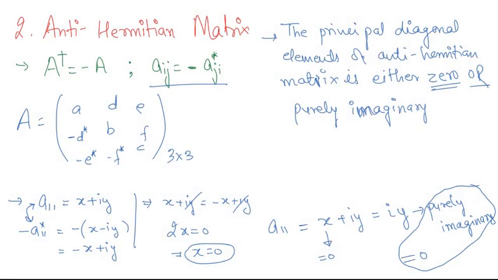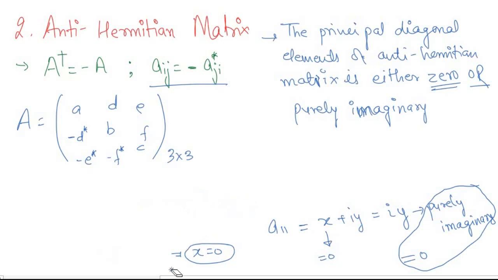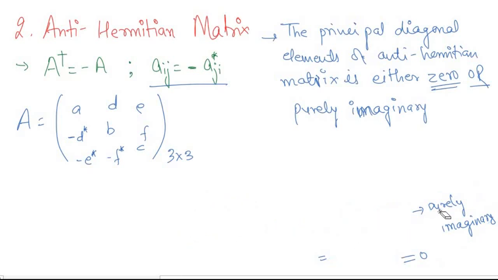So this was how we discussed the diagonal elements of Hermitian and anti-Hermitian matrices. In a Hermitian matrix they were all real, and in an anti-Hermitian matrix they are all zeros or purely imaginary numbers.